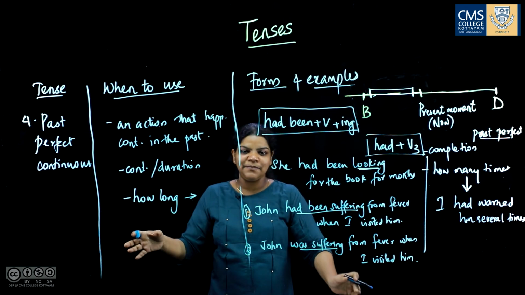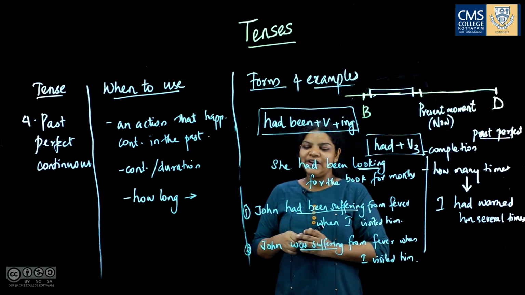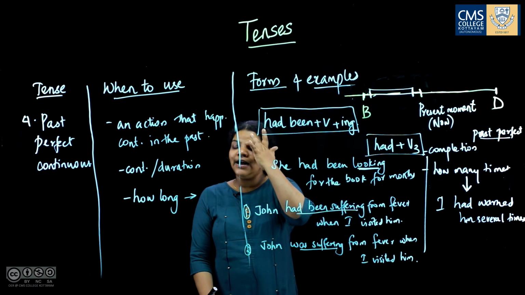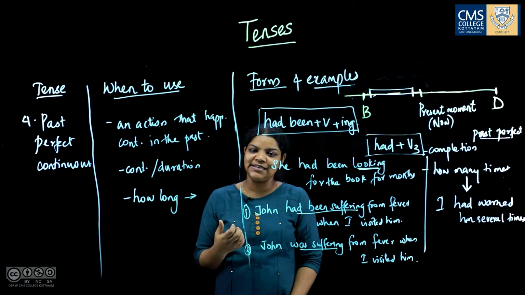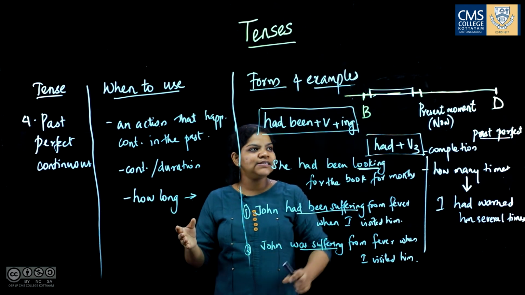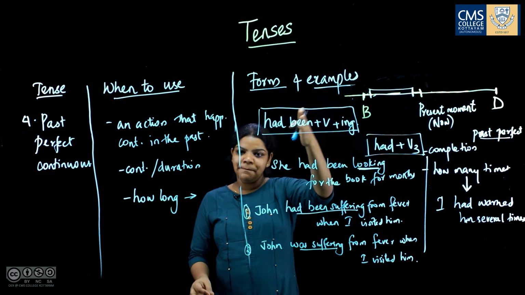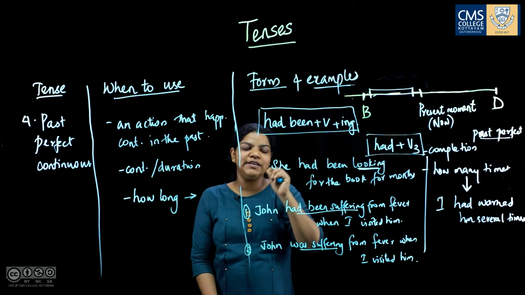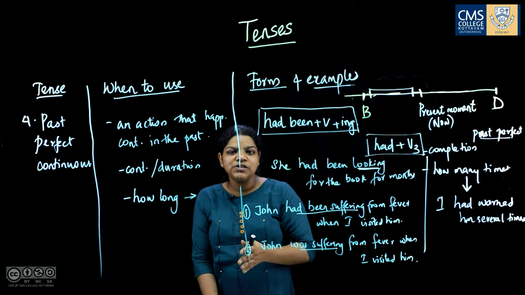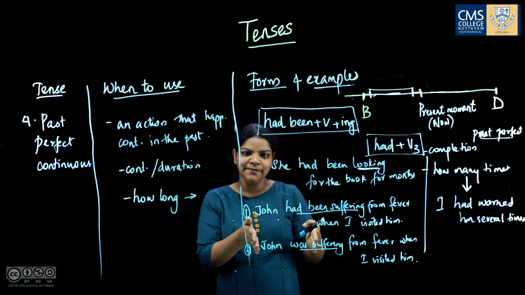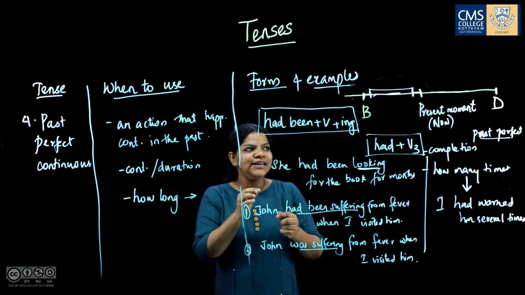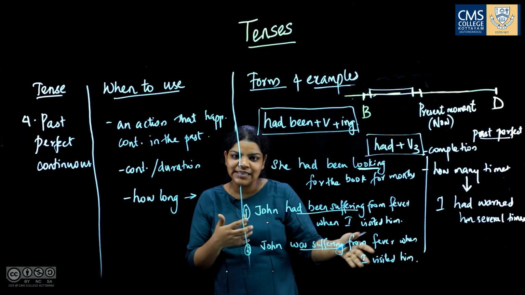So just to wind up, we talked about the 4 different forms of the past tense. The first one was simple past, which happened in the past with a specification of the time period. The second one was past continuous tense, which was of a shorter time span, and it was always clubbed with another action.